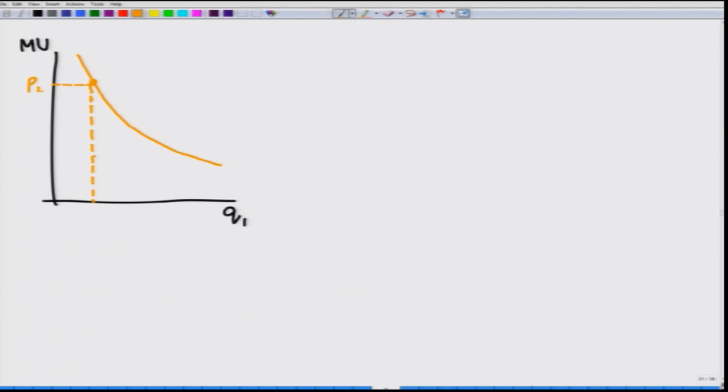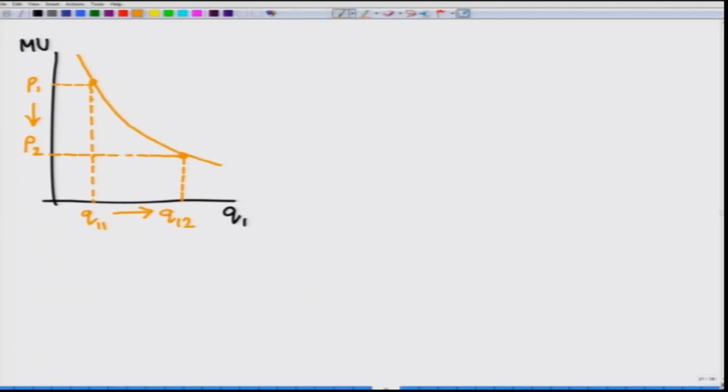So, if the price is P1, the consumer is going to demand Q11. Suppose price falls to P2 and the consumer goes back to the curve and demands Q12. So, as we can see, as price falls the quantity demanded increases, so that the consumer maximizes the net gain in terms of utility.